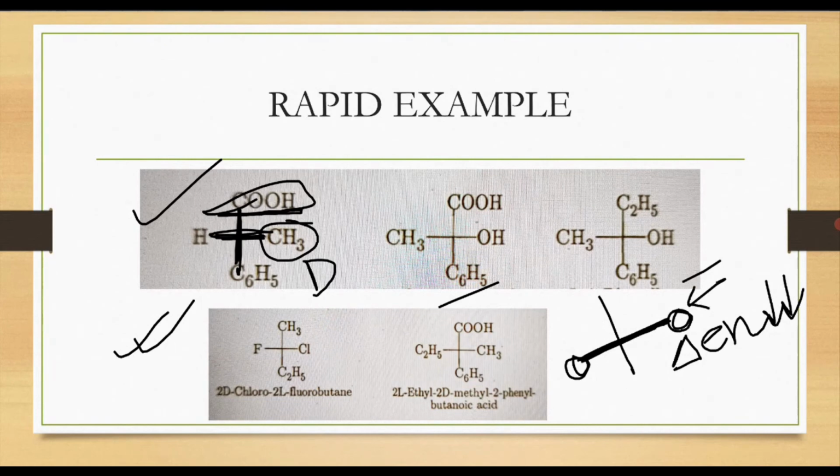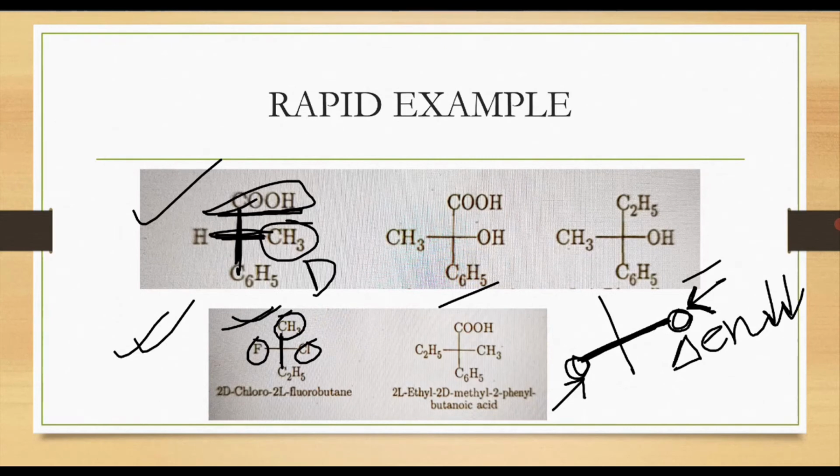For the right hand side group we assign capital D, and for the left hand side group it will be capital L. As in this example, you can see the longest carbon chain is there, highest oxidizing group is upside, okay, but here chlorine and fluorine, so there is not a very high electronegativity difference.